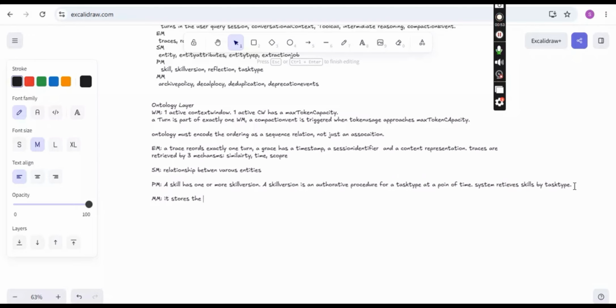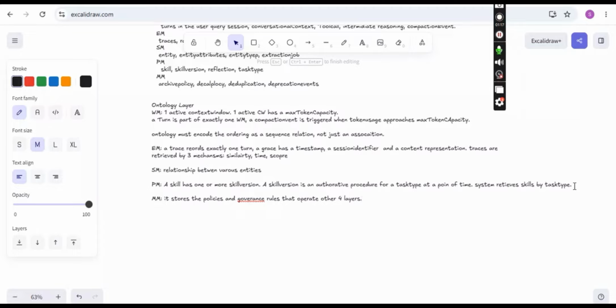It stores the policies and governance rules that operate the other four layers, right? So the classes will be what we had defined.